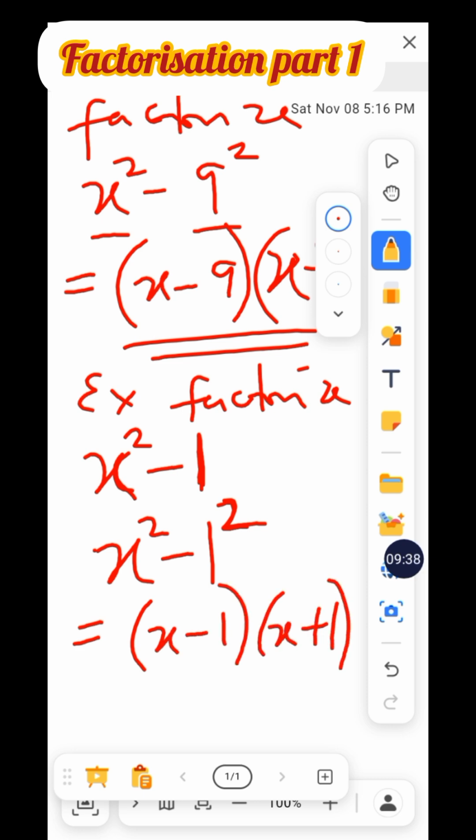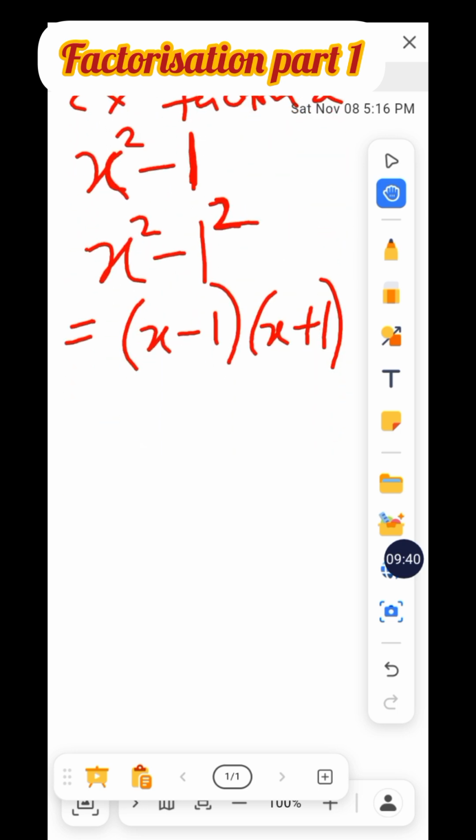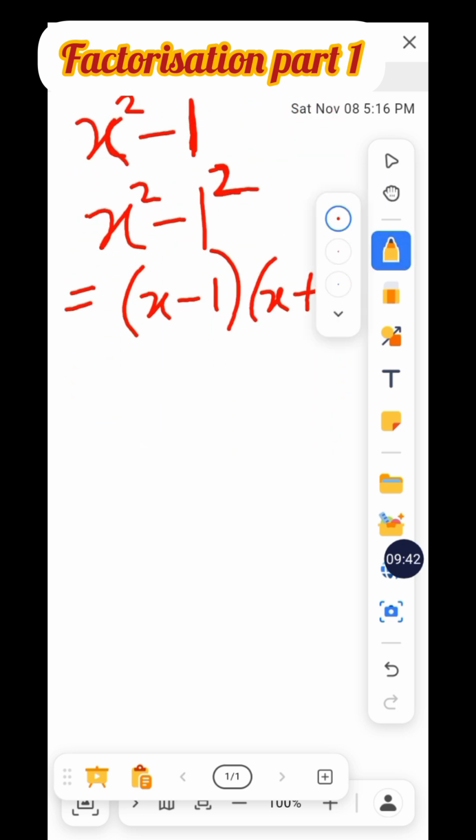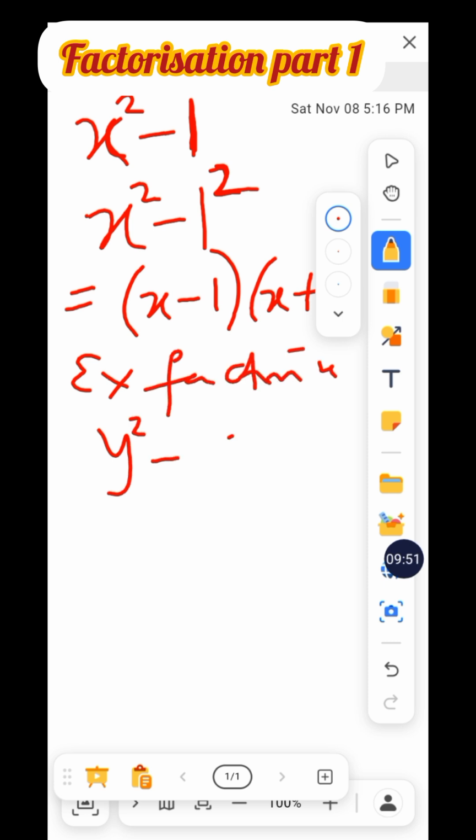Are we together? Let us see about two examples before we call it a day here. So we can also have: factorize y squared minus 25. You will agree with me that it wants to look like difference of two squares, but it's not yet totally a difference of two squares. Our 25 does not have a square.